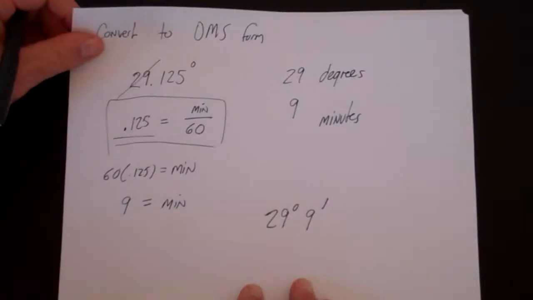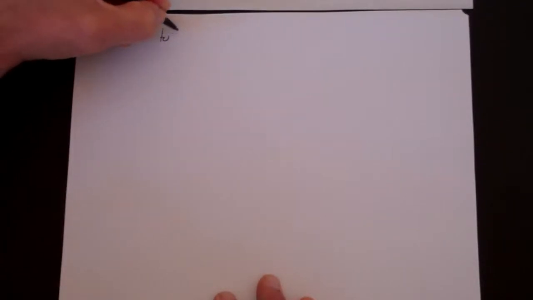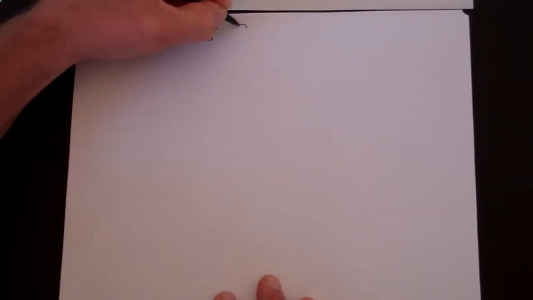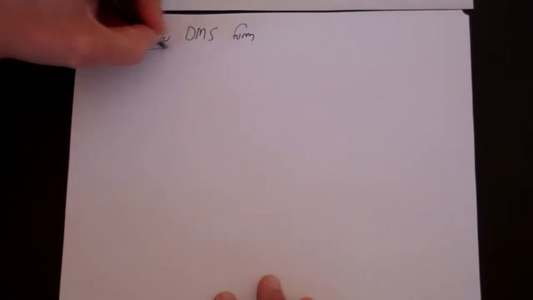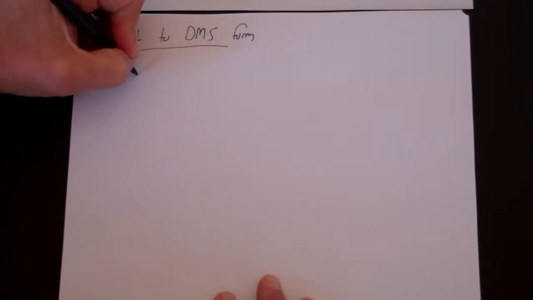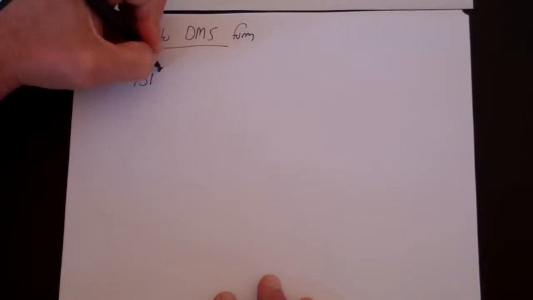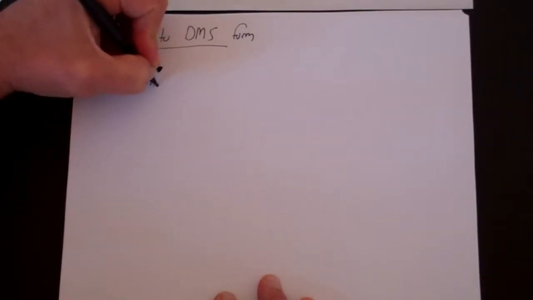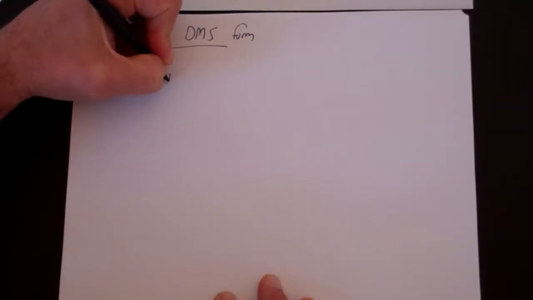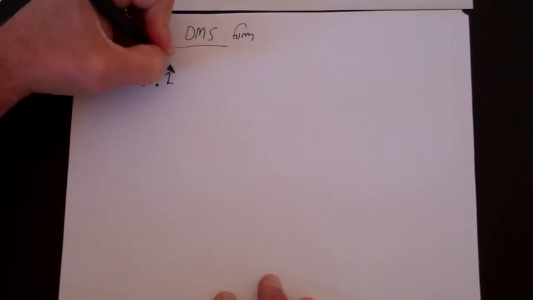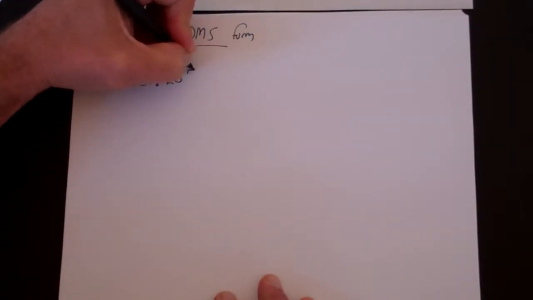It's a little bit harder when it doesn't come in evenly, so let's have the same problem. Let's convert to DMS form. And this time let's try 131 degrees. I'm sorry, 131 point, let's do 2, 3, 5.